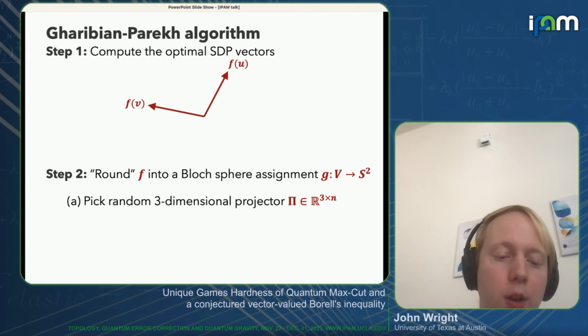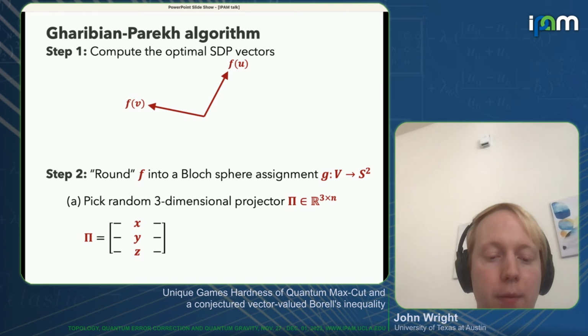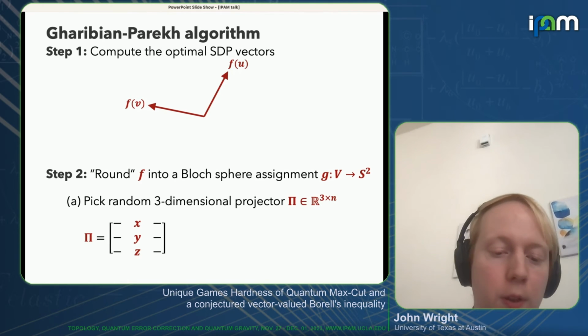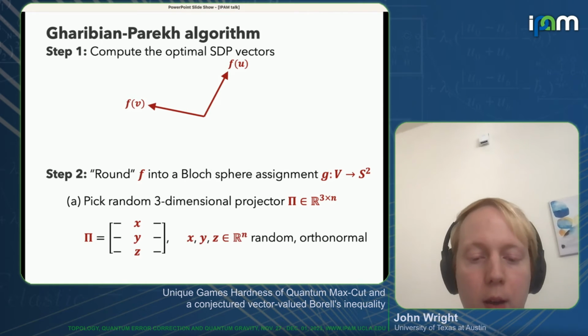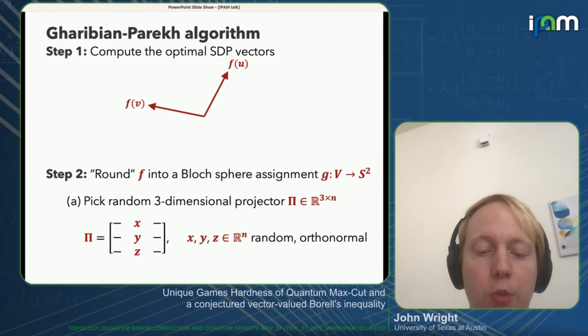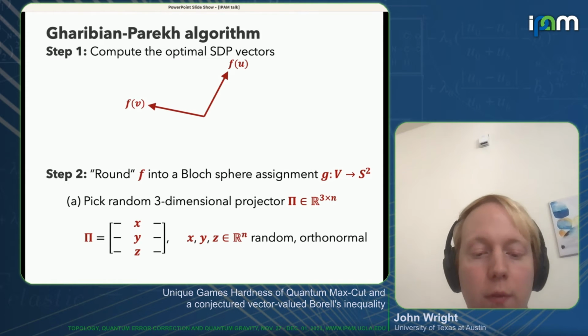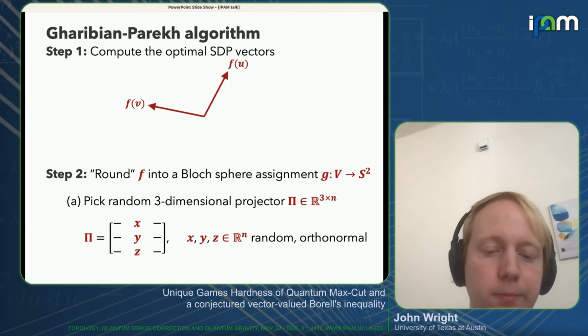So pictorially, we can specify pi like this. It's going to have 3 rows. Let me call the first row x, the second row y, and the third row z. And x, y, and z, we're going to pick to be just 3 random vectors which are orthonormal to each other. So they're unit vectors and they're orthogonal to each other.